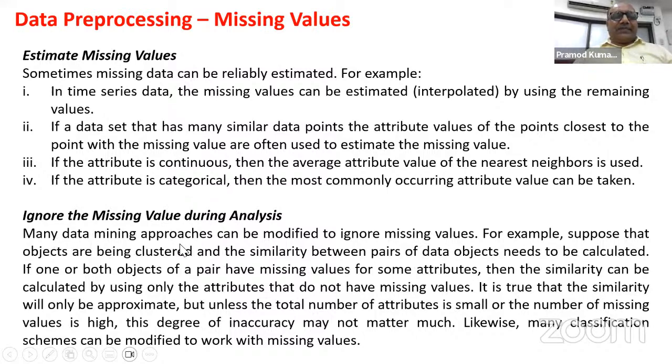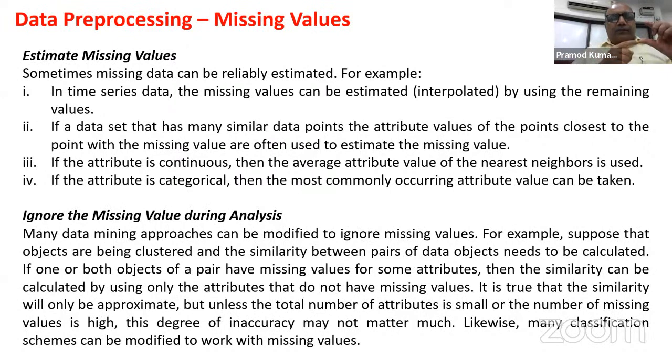What this simply says is that if there is one particular missing value for an attribute, it will create a problem when I am computing the similarity, dissimilarity, etc. of those two objects, one of which contains the missing value. So do not use that particular attribute. Suppose there are 20 attributes and I'm finding the Euclidean distance. If all 20 attributes are there in both objects, you use all 20.